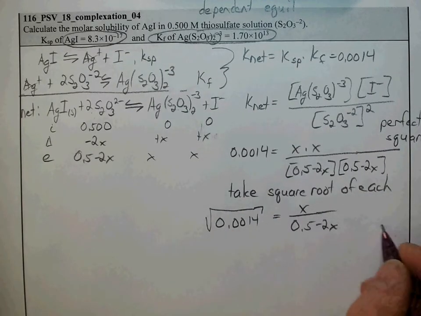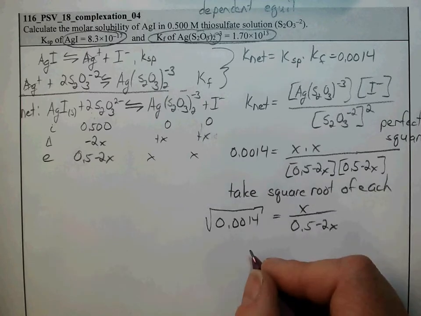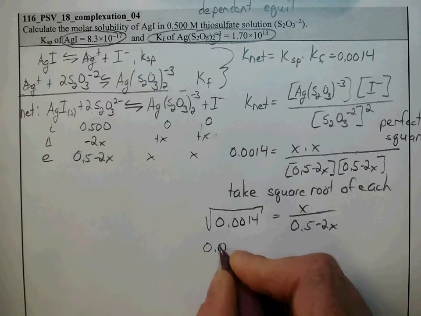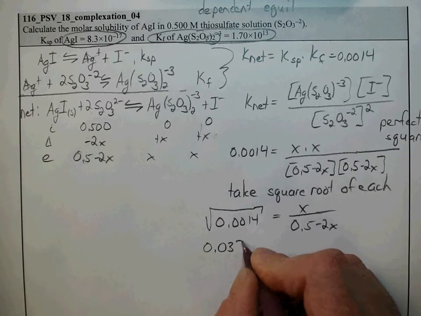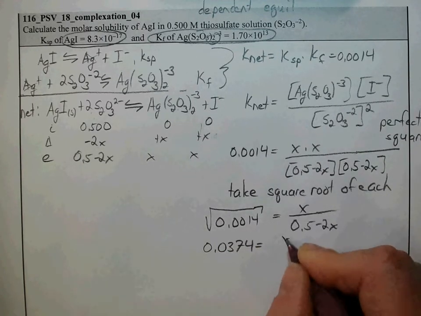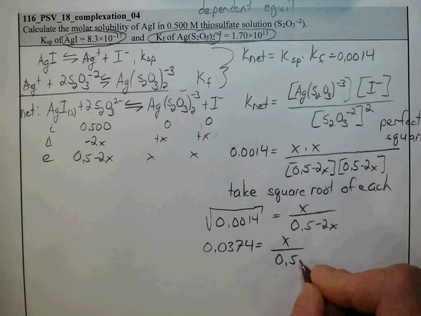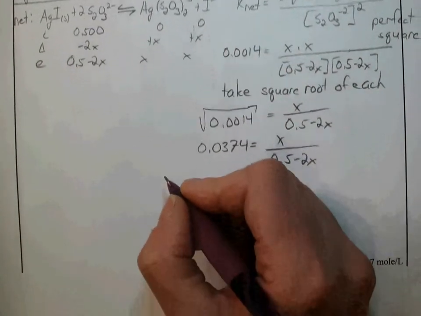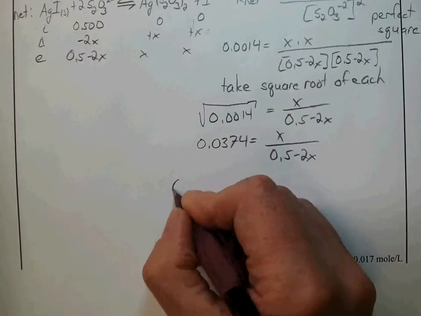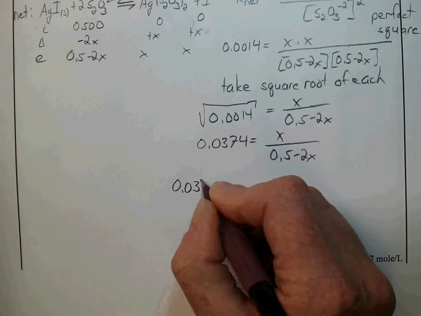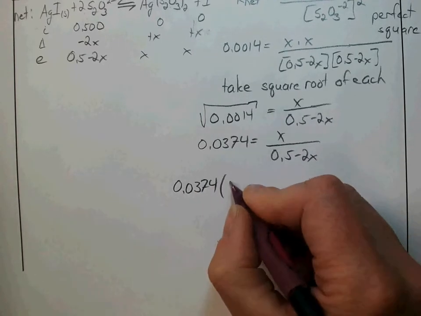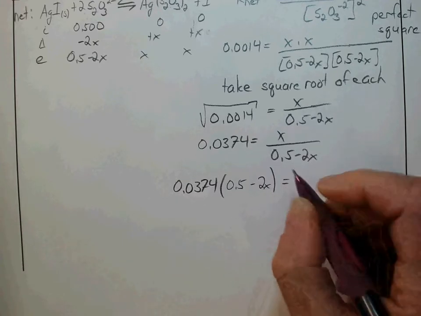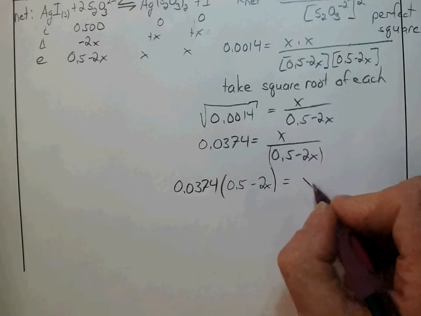So, let's see, that square root is 0.0374 is equal to x over 0.5 minus 2x. So we have 0.0374 multiplied by this is going to equal x.